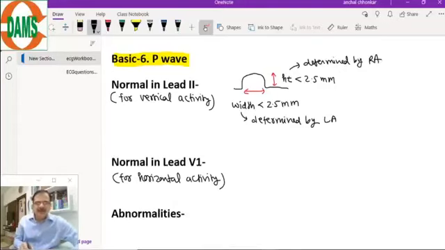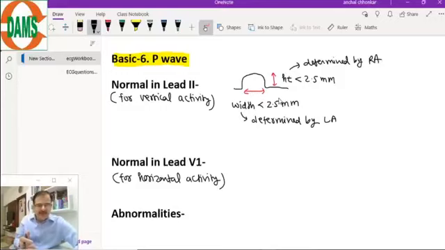So starting with the normal P wave in lead 2 for the vertical activity, these are the dimensions. Dimensions means the width. Normal width is less than 2.5 millimeters.